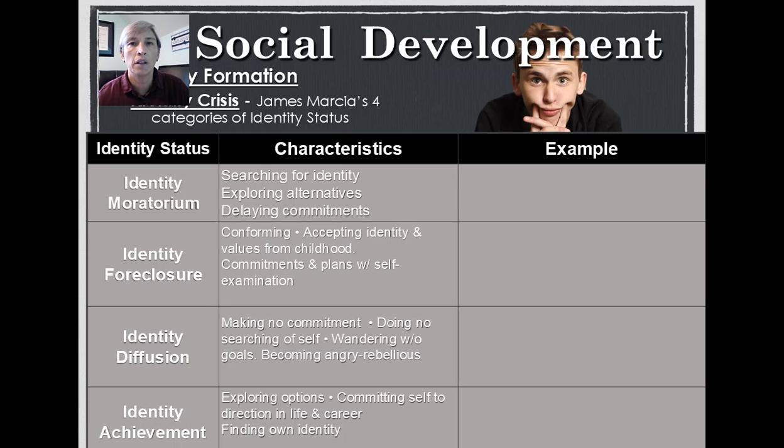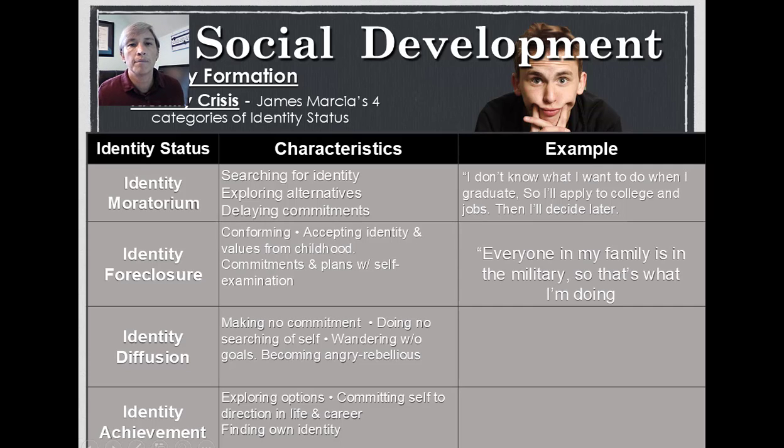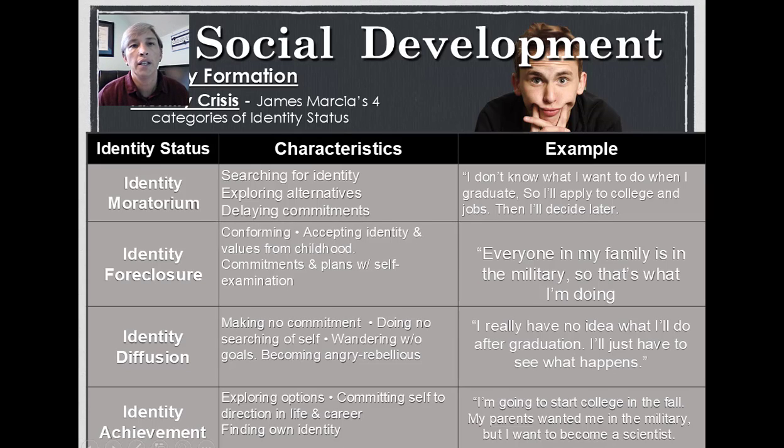Another theorist was a man named James Marcia, and his 4 categories of identity crisis. Identity formation and identity crisis, according to Marcia, is in who am I going to be? And I'll have more information, of course, on this in class. But Marcia said we go through these different identity statuses, and each status is a different level of us finding out who we are. And I think of high school seniors in this identity crisis. What am I going to do with the rest of my life?